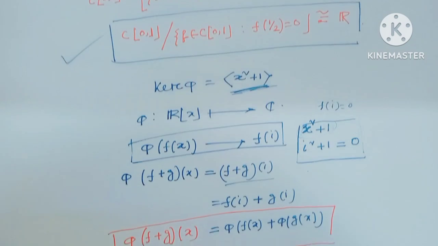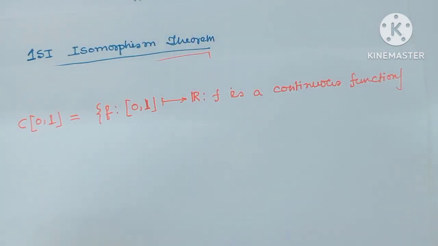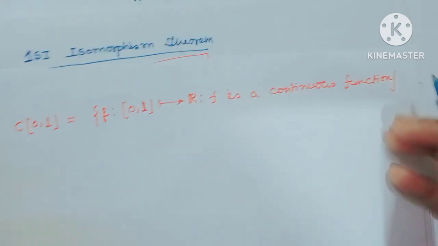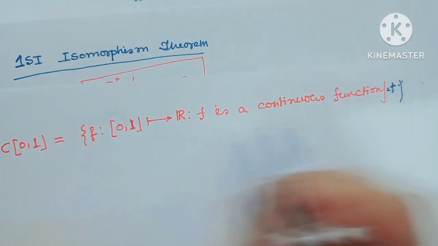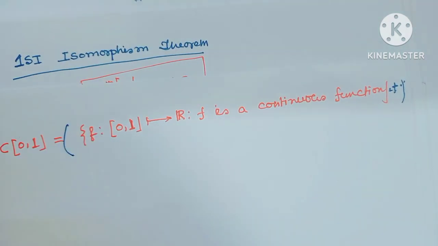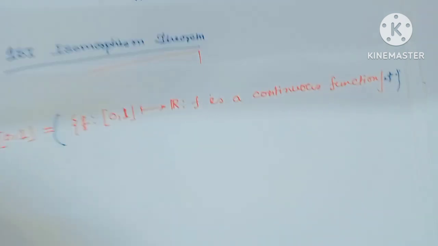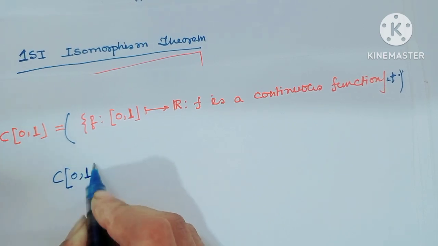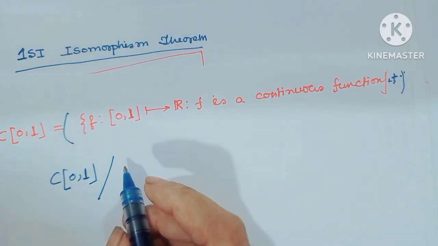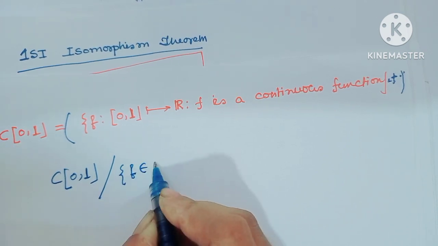Okay. Now C[0,1]. We all of us know this is the set of functions from [0,1] to R. These are continuous functions and this is a ring, obviously with respect to addition and multiplication. And this is a commutative ring with identity. And C[0,1] modulo I, where I is the set of f belonging to C[0,1].